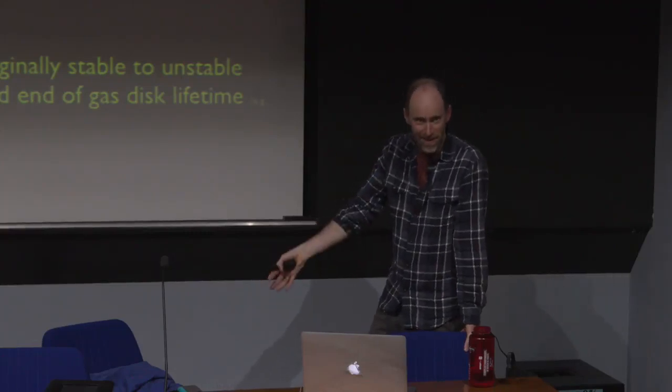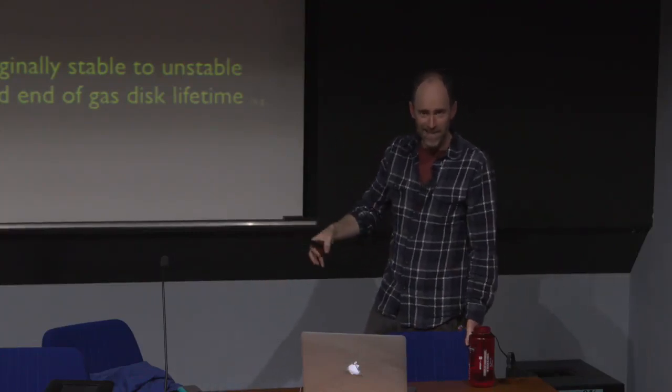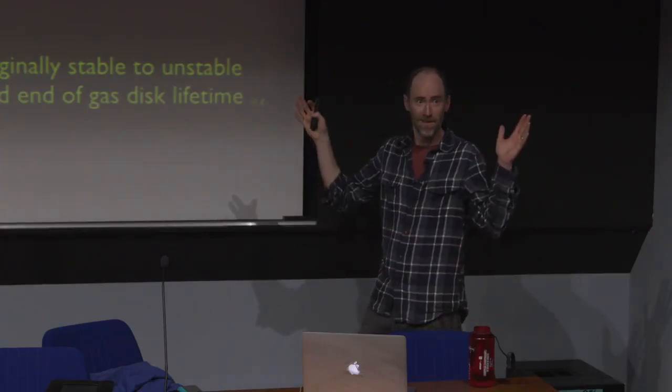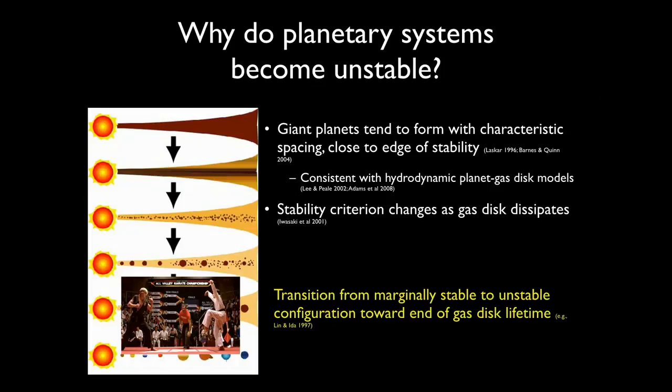When the gas goes away, when the teacher goes away, that's the trigger for things to go nuts. All right. So that's the natural trigger for instabilities, when the gas disk dissipates. Okay? And that's part of what is so weird about models for the solar system with a late instability, because it's hard to explain a late instability. It's much simpler to understand why instabilities happen early.